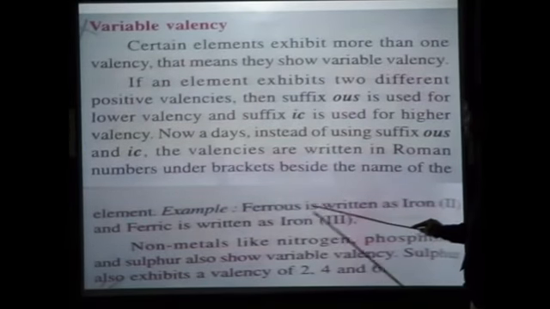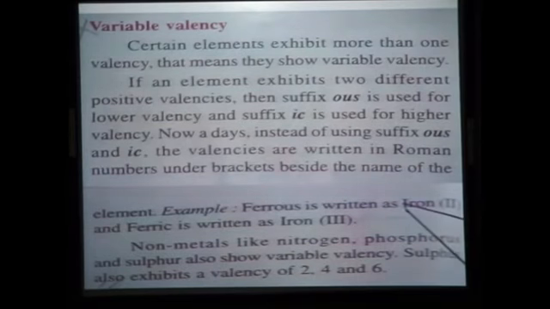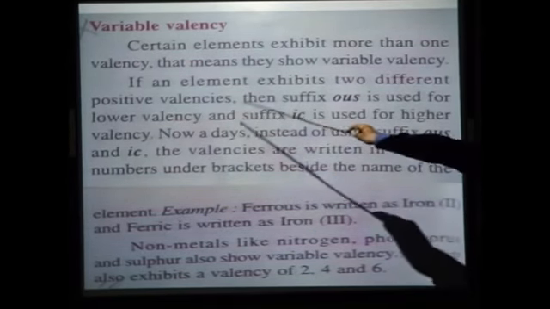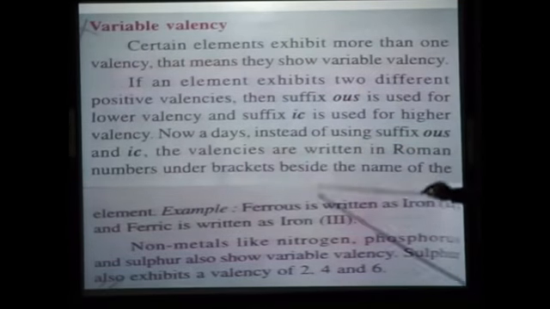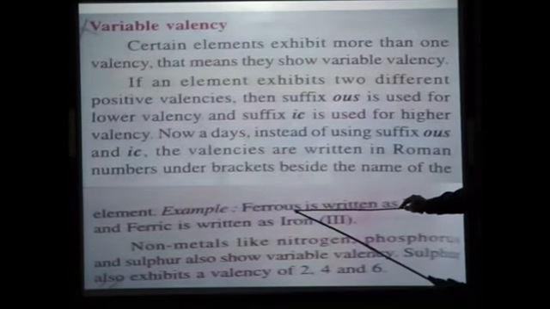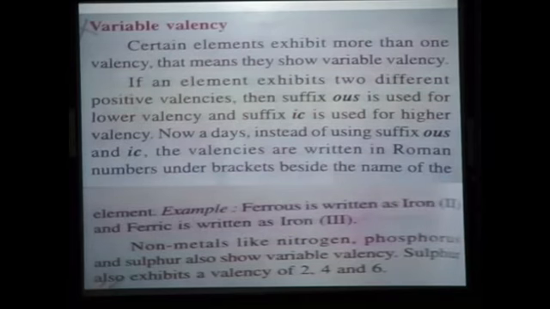Example: ferrous is written as iron(II). Ferrous means lower valency, ending with OUS, so ferrous means valency plus 2, and it is written II.